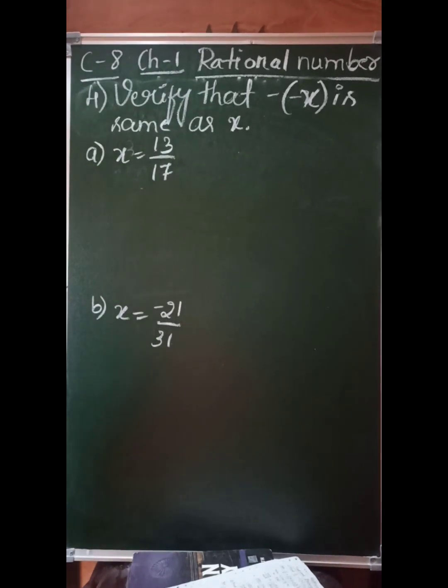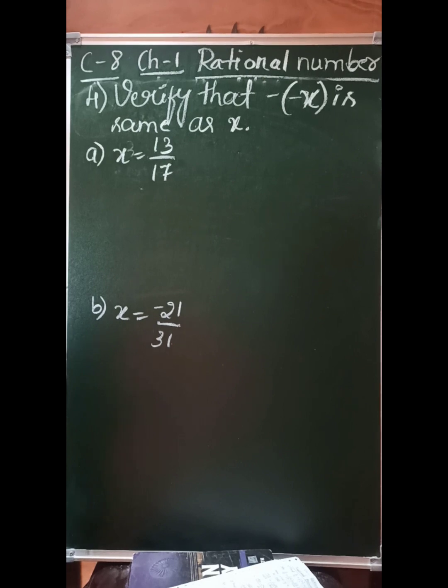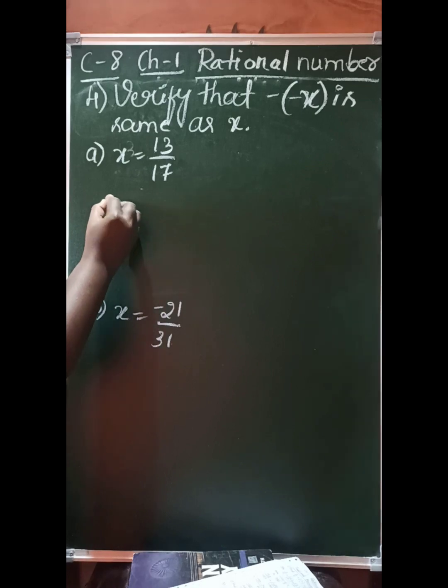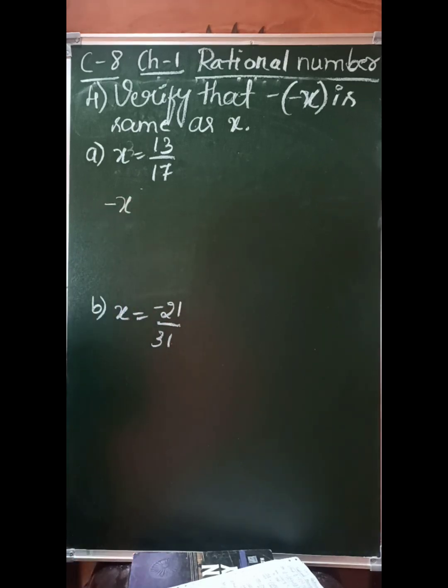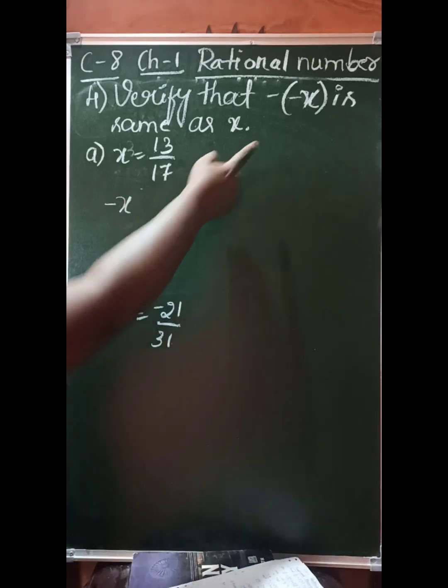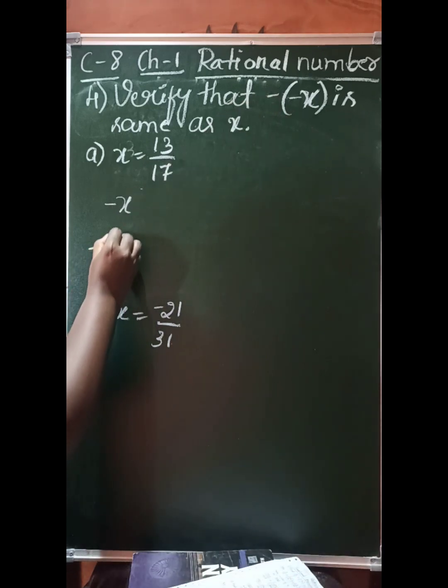See, the fourth question is, verify that minus of minus x is the same as x. Here what we have to do? First they will give the value of x. Then you have to multiply minus to that, to get minus x. Then after that you have to again multiply minus to minus x.